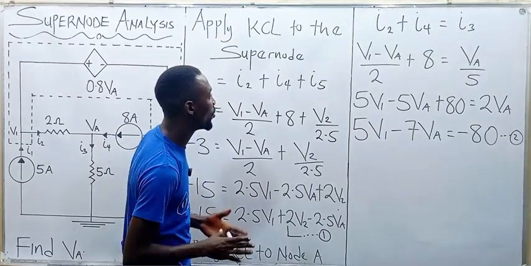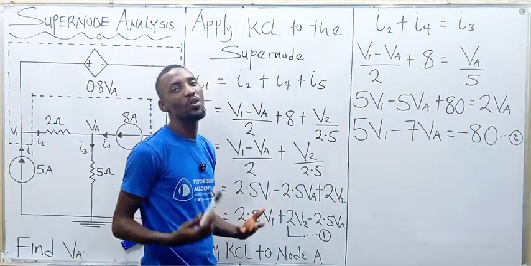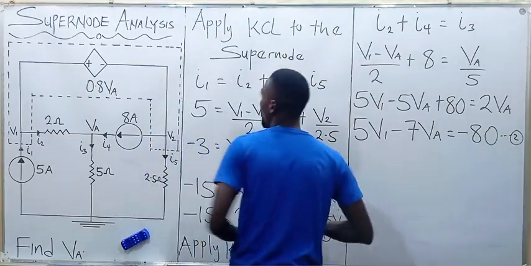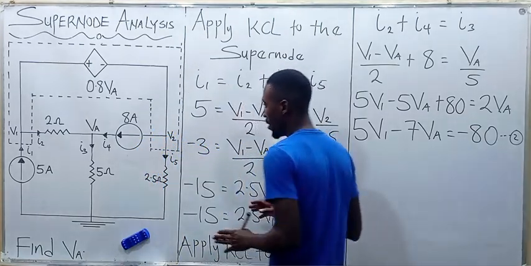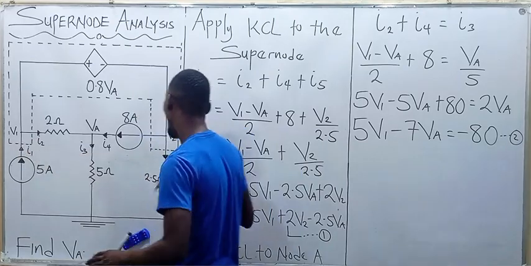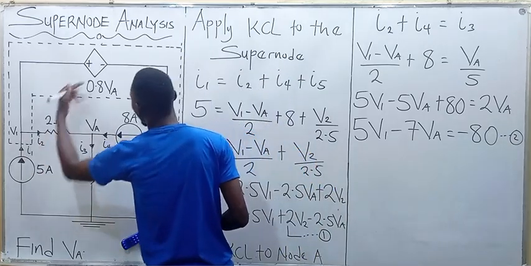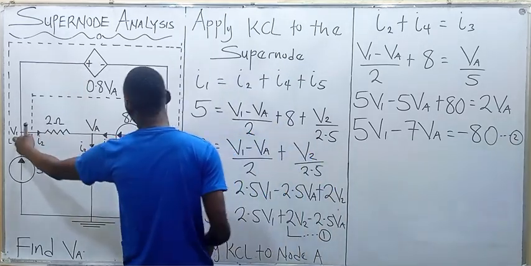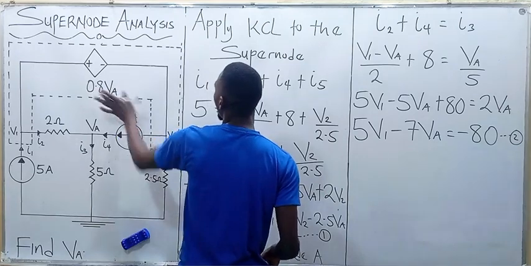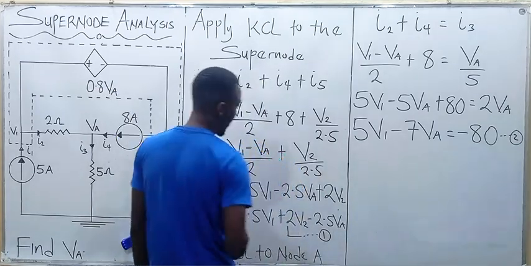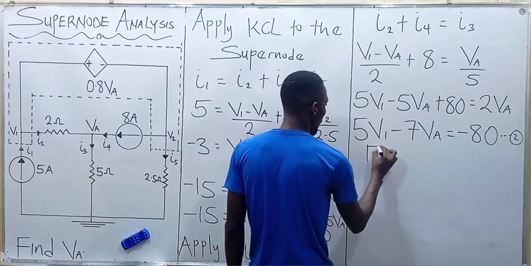Now, the next thing we are going to do is to write the supernode equation. All right. Now, if you look at our supernode, is between what? V1 and what? V2. So the positive side is what? V1. The negative side is what? V2. It's going to be V1 minus V2 will equals to 0.8 VA. So equation of supernode.